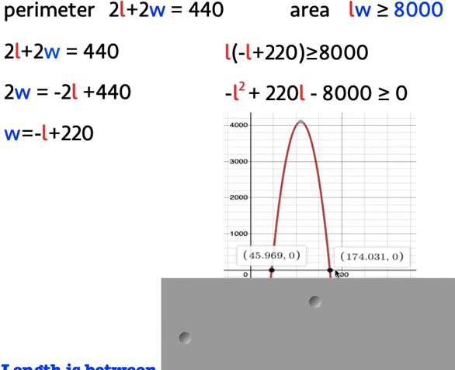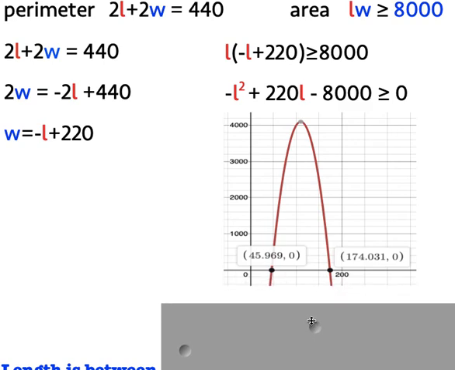Okay, so now I have to think about this. I want it to be greater than or equal to. So I'm going to pick 0, 0 and test it. So I'm going to plug 0, 0 in this. Length times width, because L's my length, W is my width. Is 0 times 0 greater than 8,000?